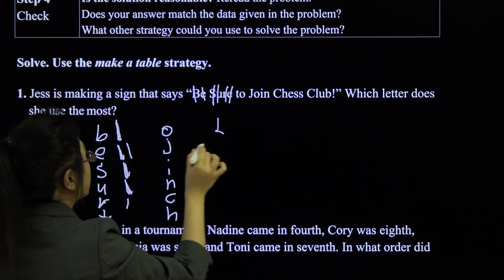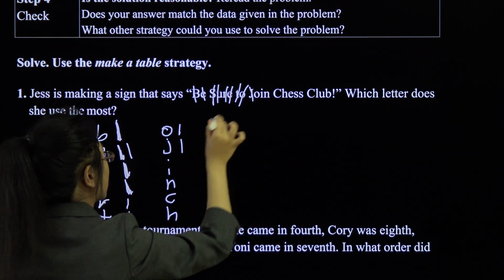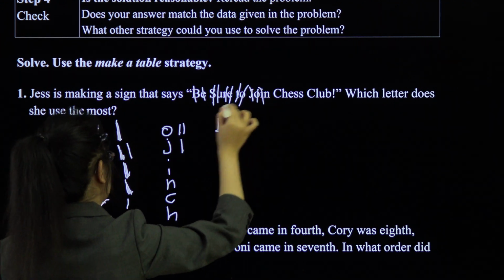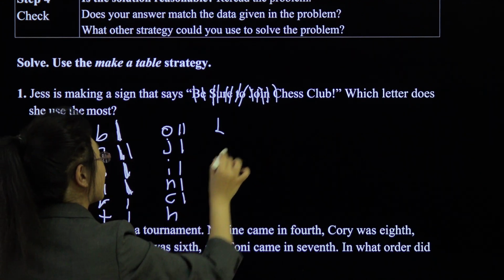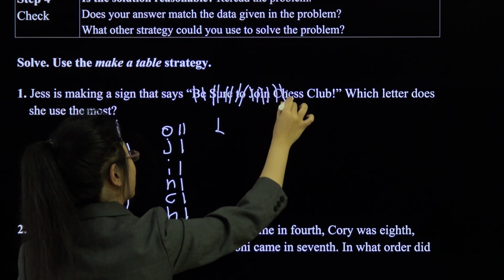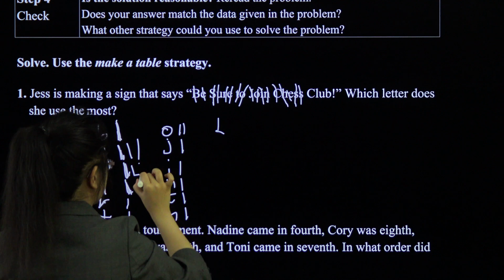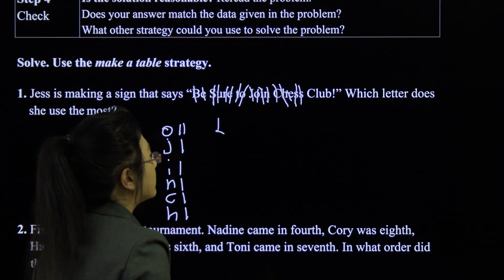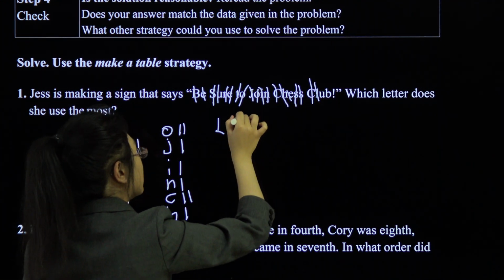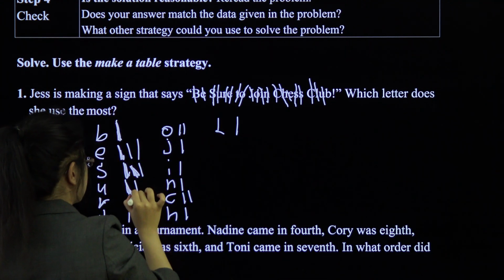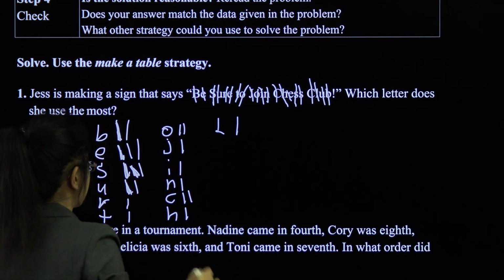E, 2, T, 1, O, 1, J, 1, O, 1, I, 1, N, 1, C, 1, H, 1, E, 3, S, 2, S, 3. Stop looking like L's. C, 2, L, 1, U, 2, B, 2.